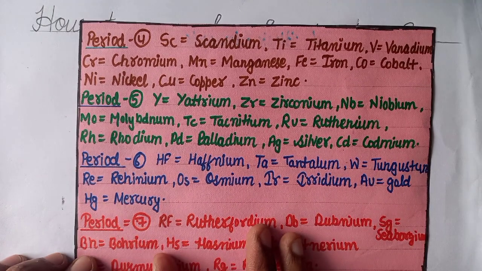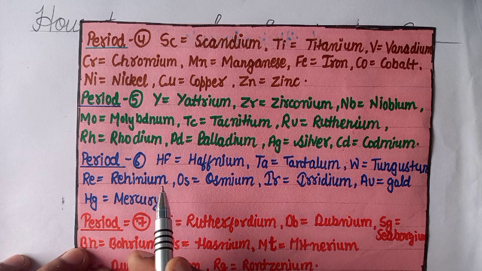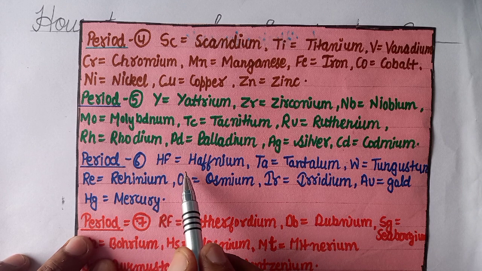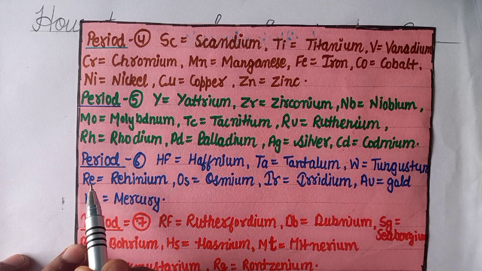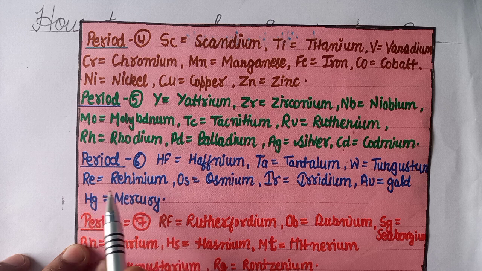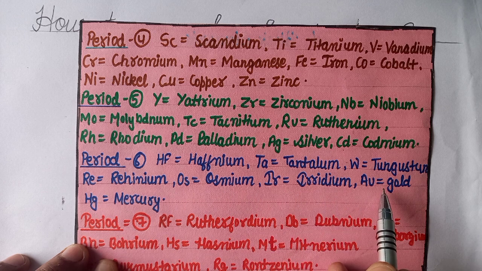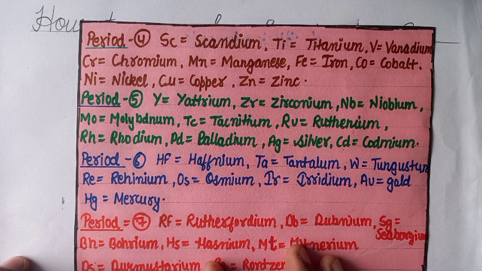Elements of period 6 in D block are Hf for hafnium, Ta for tantalum, W for tungsten, Re for rhenium, Os for osmium, Ir for iridium, Au for gold, and Hg for mercury.